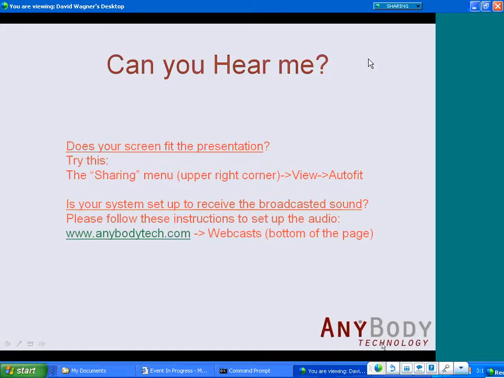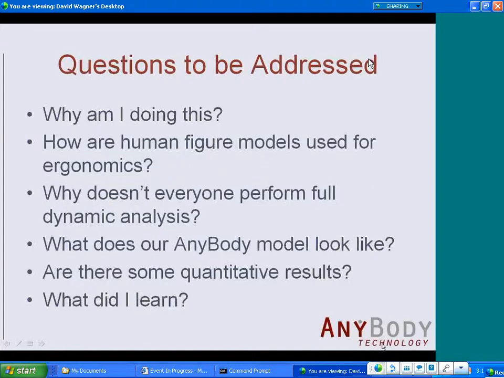So this presentation in general is not particularly about my PhD research, but it is more of an exercise that I thought was important, which is addressing the why am I doing this section of the presentation. I have noticed over my PhD career that the field of ergonomics, at least in its application, and the field in the research realm are sometimes at a disconnect.